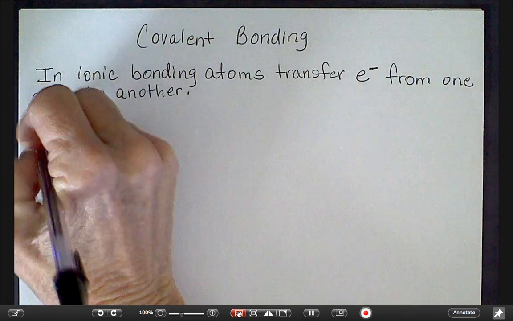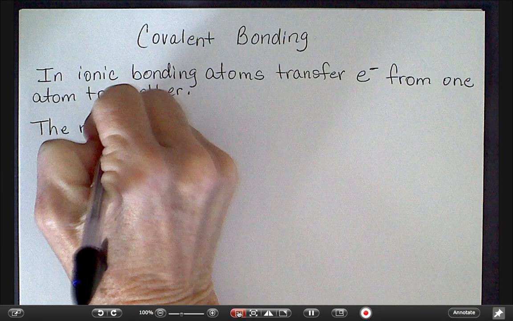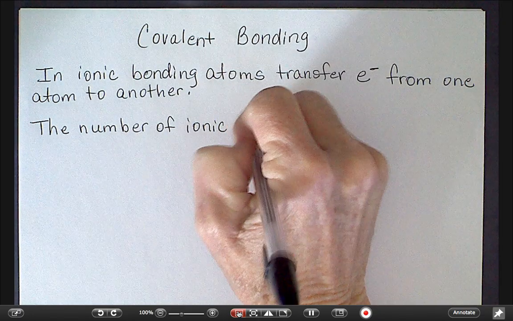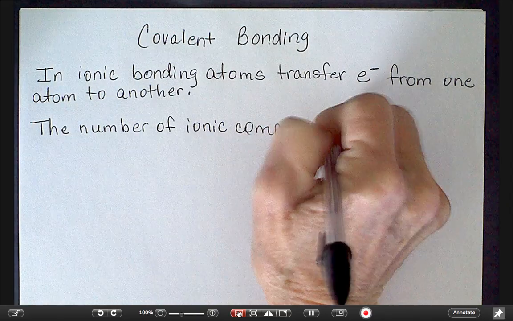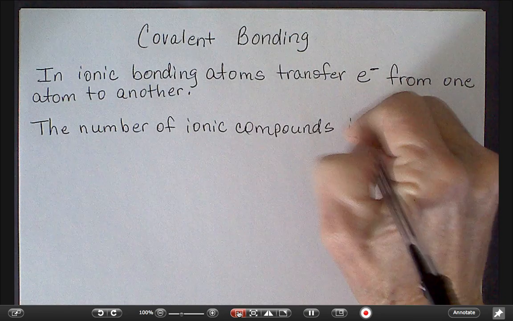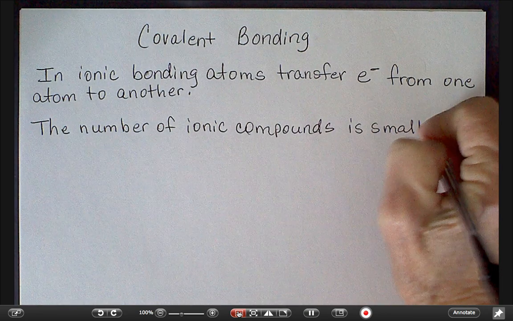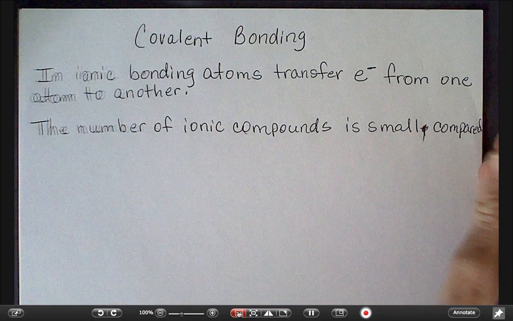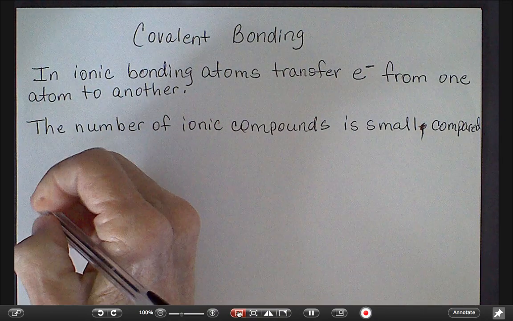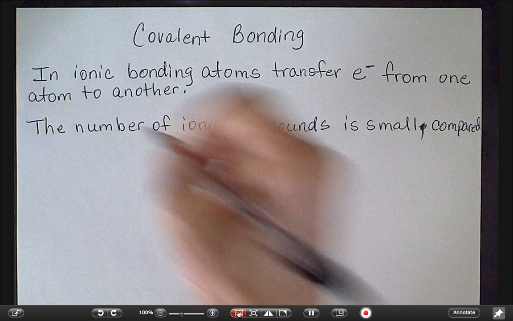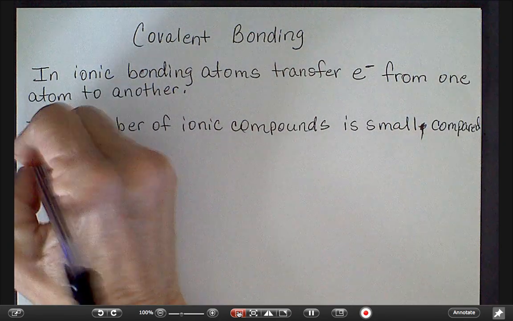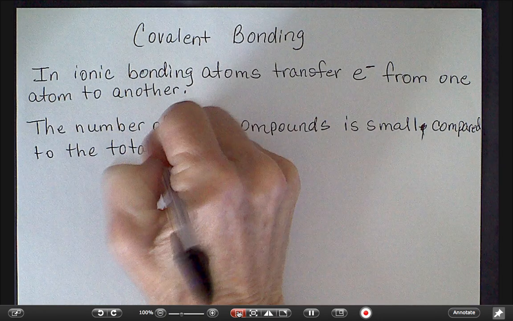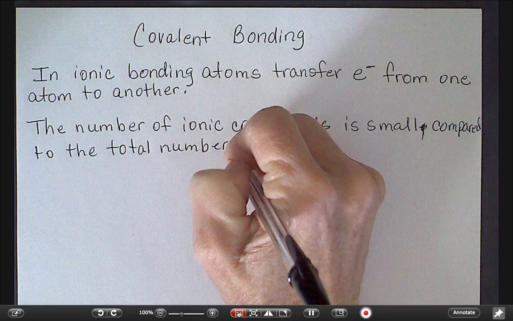The number of ionic compounds is small compared to the total number of known compounds.